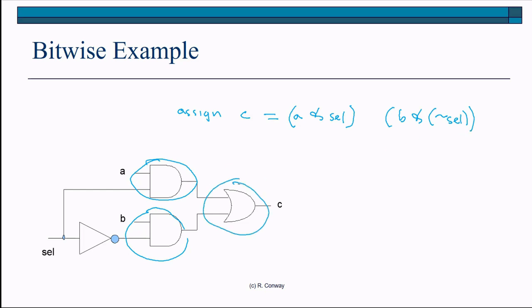And we're ORing those two results. So we've got the bitwise AND, bitwise AND, the negate, and the OR operators.